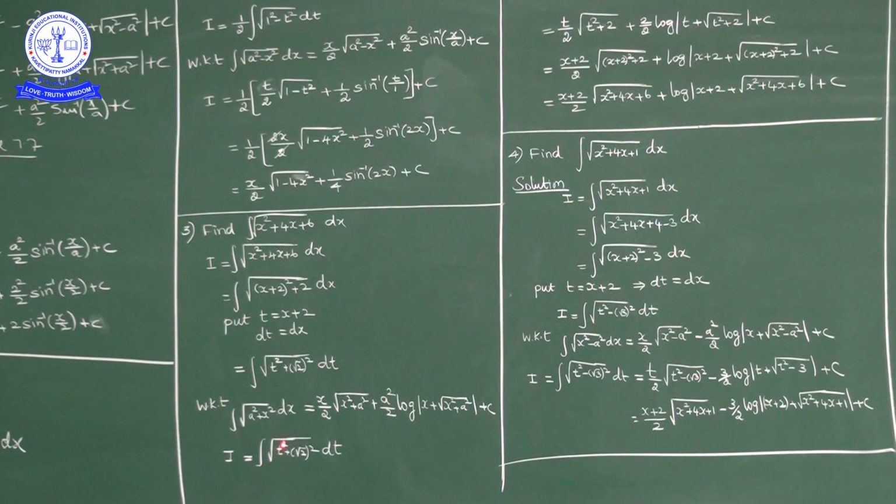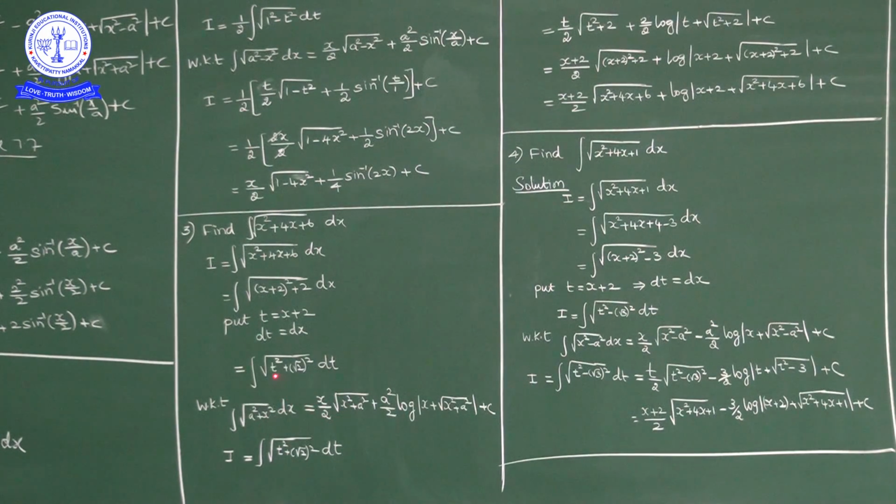Okay, now if you compare this one with this one, here what we have, integral square root of t square plus root 2 square. Now if you compare these two, in place of t here we have x, in place of root 2 here we have a, means in this formula wherever a is there, that will be replaced by root 2.